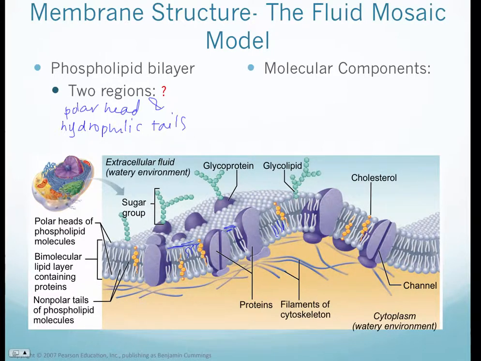Molecular components: we have lipids, proteins, carbohydrates.